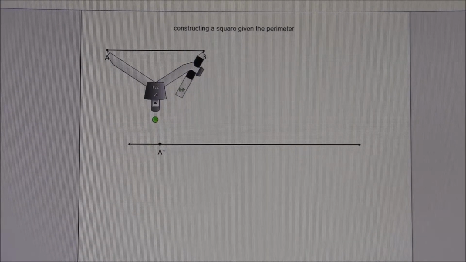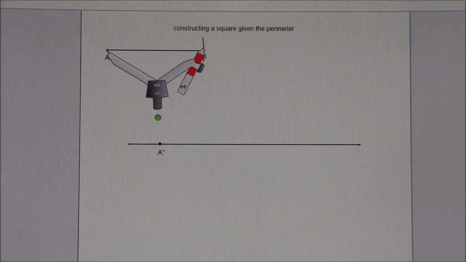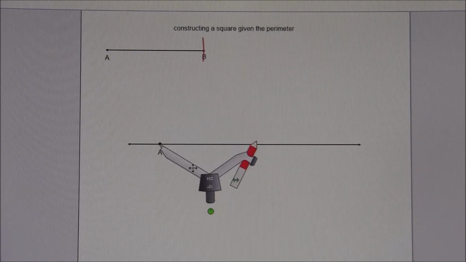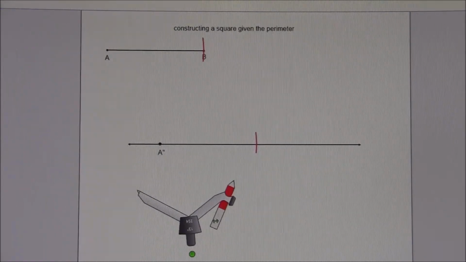Remember, we need to see that arc right here. Alright, take that compass, copy that line segment. This is B prime.